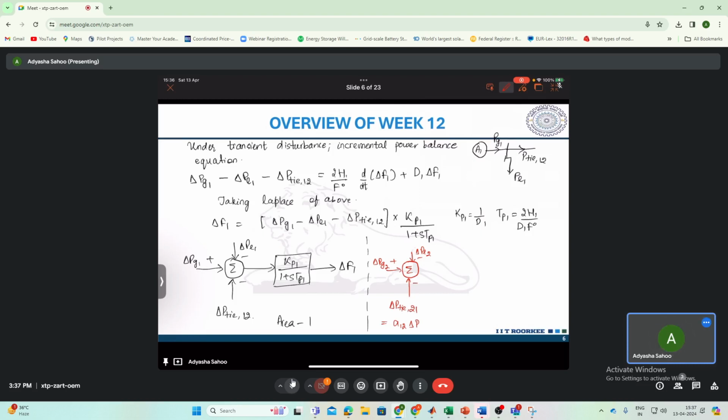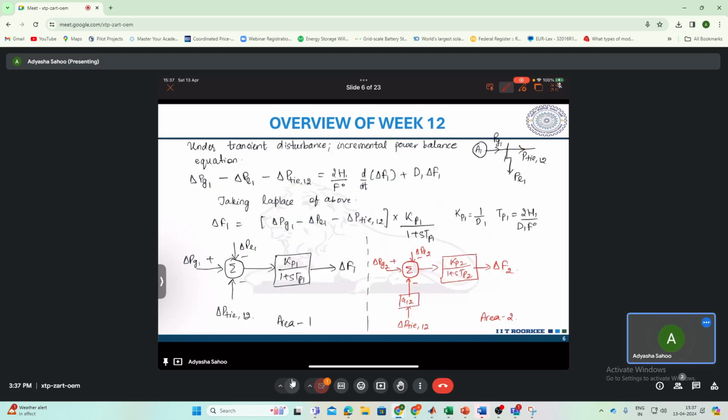So here A12, here I have delta P12 here also, and that will be multiplied by Kp2 over 1 plus sTp2, that will give me delta F2. This is for area 1, this is for area 2.